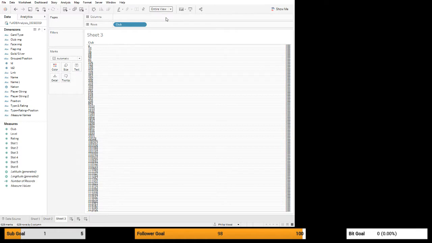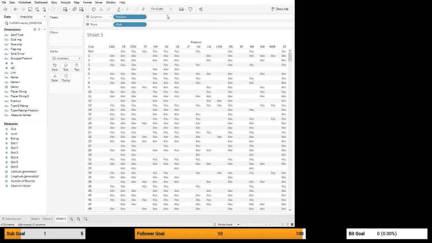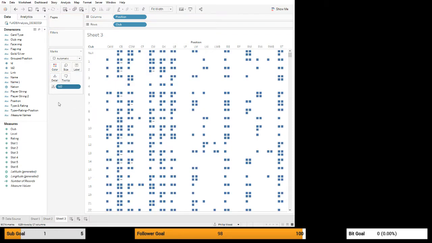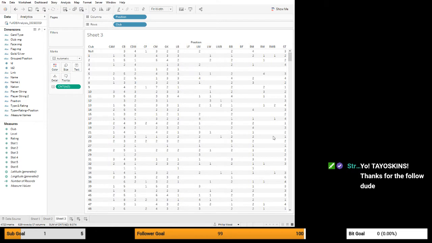Nope. These are all different clubs. I don't know which ones. I know number 1 is Arsenal. Then let's have a look at positions. If I count the number, yeah, there we go.